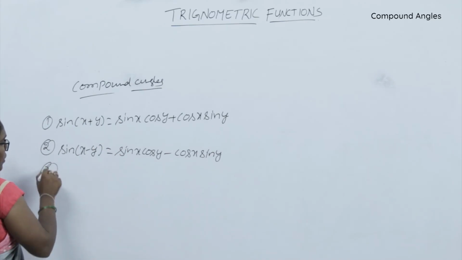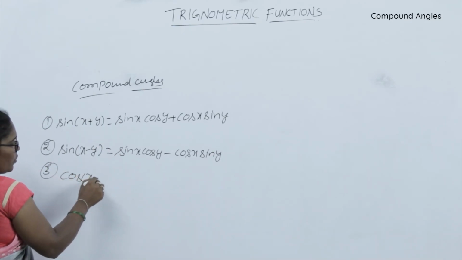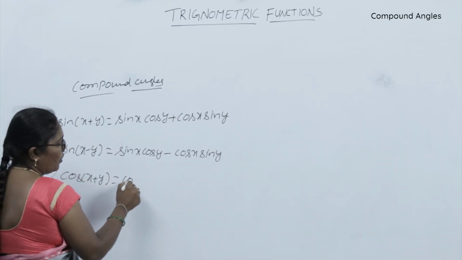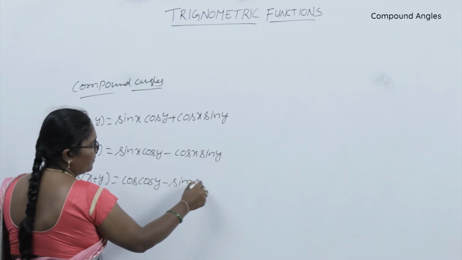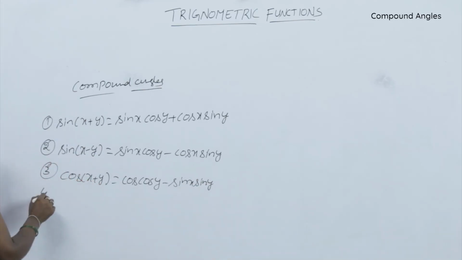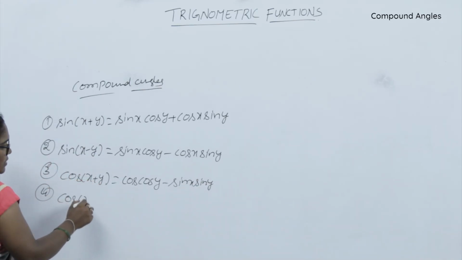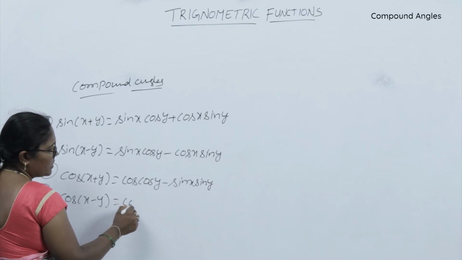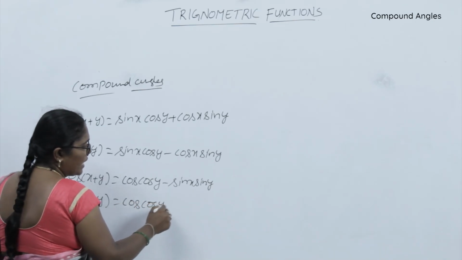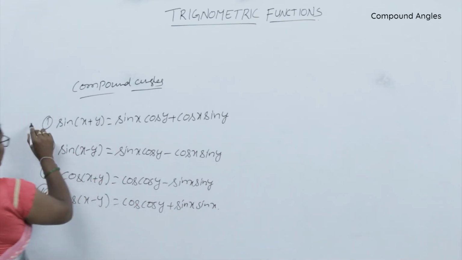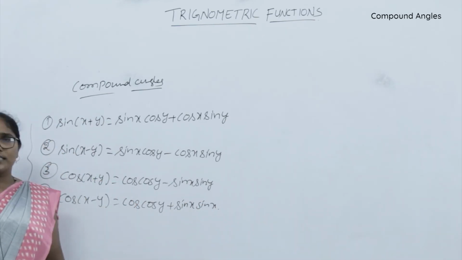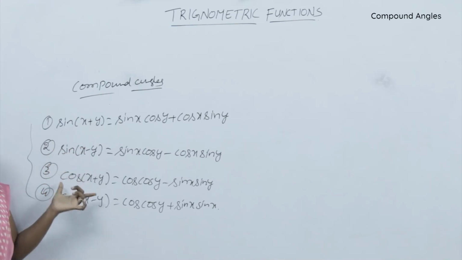And cos(x plus y) equals cos x cos y minus sin x sin y. And another one, the fourth one, cos(x minus y) equals cos x cos y plus sin x sin y.